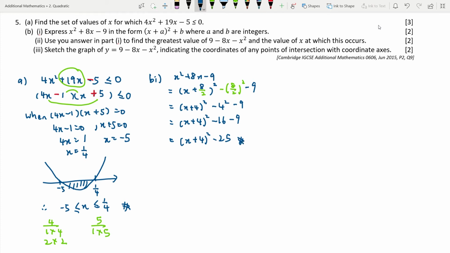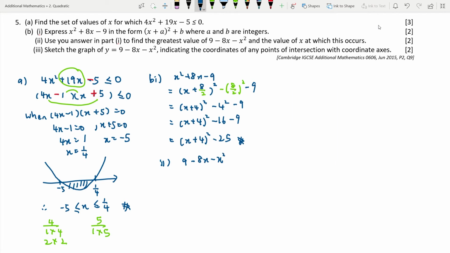B2. Use your answer in part 1 to find the greatest value of 9 minus 8x minus x squared and the value of x at which this occurs. We are given the expression 9 minus 8x minus x squared.